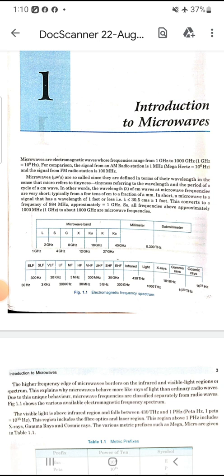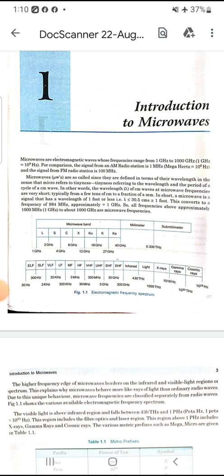Then the K band, which has a range of 18 gigahertz to 27 gigahertz. Then the Ka band, the band after K or K above. Its start frequency is 27 gigahertz and its end frequency is 40 gigahertz.